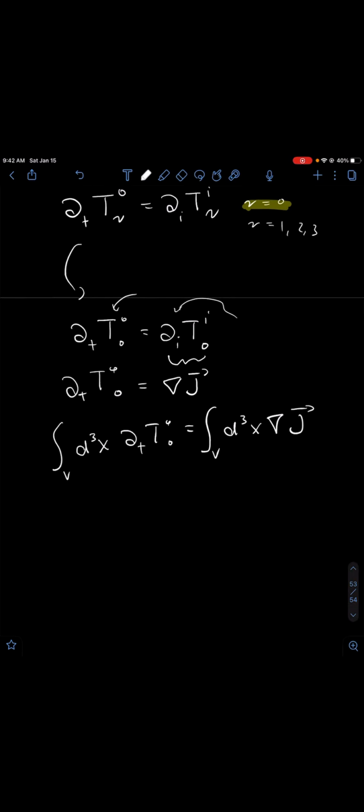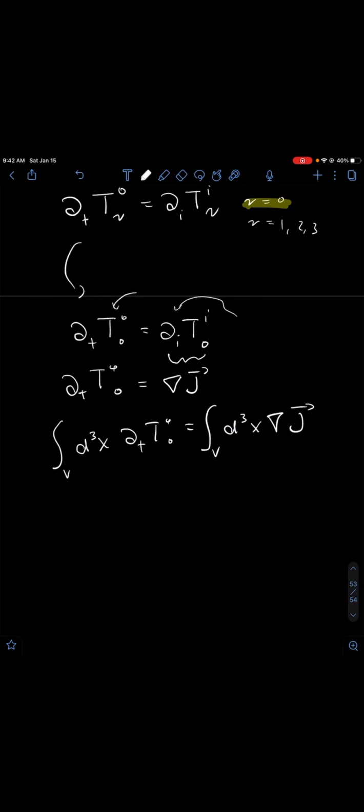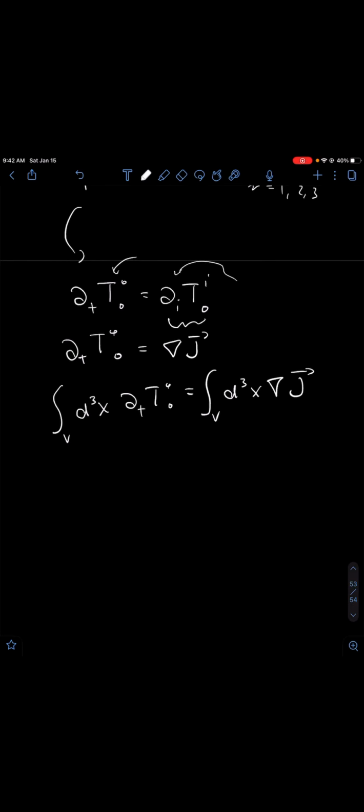Okay. So what do we do now? Well, we can use what's called the divergence theorem. The divergence theorem just states that we can write the three-dimensional volume integral over the divergence of some vector field J as the integral of the infinitesimal volume element. This is called the divergence theorem. I'm just going to write that in red. You can look this theorem up in more detail for yourself.